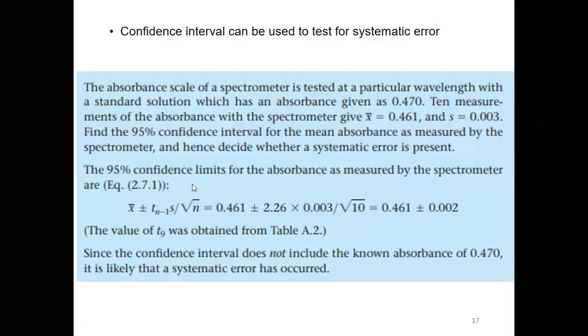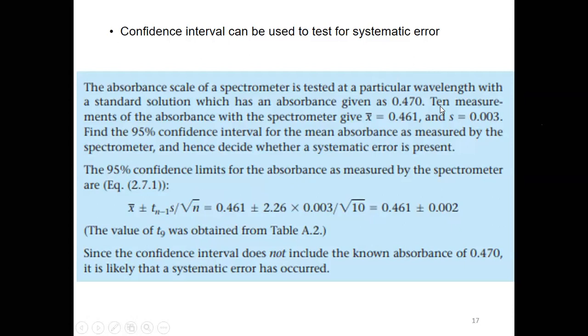First, we have to calculate the 95% confidence limit for the absorbance as measured by the spectrophotometer. So we can use this equation: x bar ± t(n-1) s / square root of n. X bar is 0.461 and t(n-1), where n minus 1 is the degree of freedom.